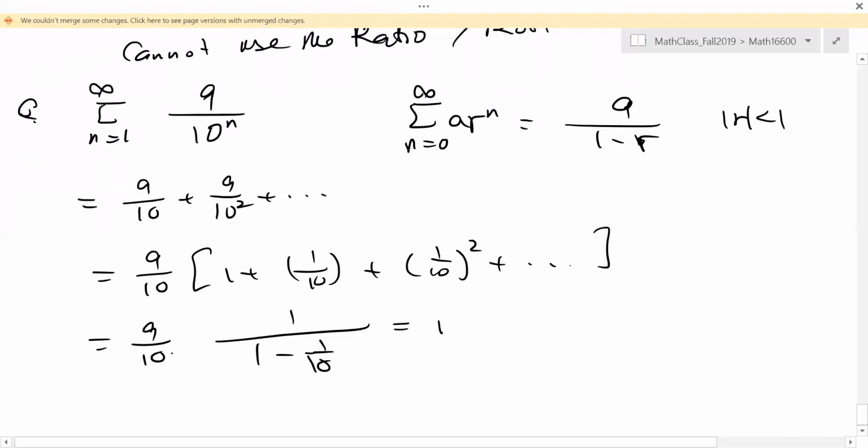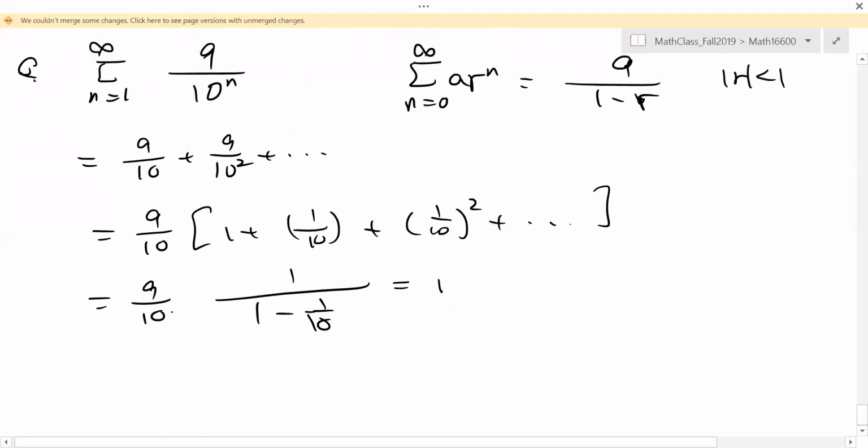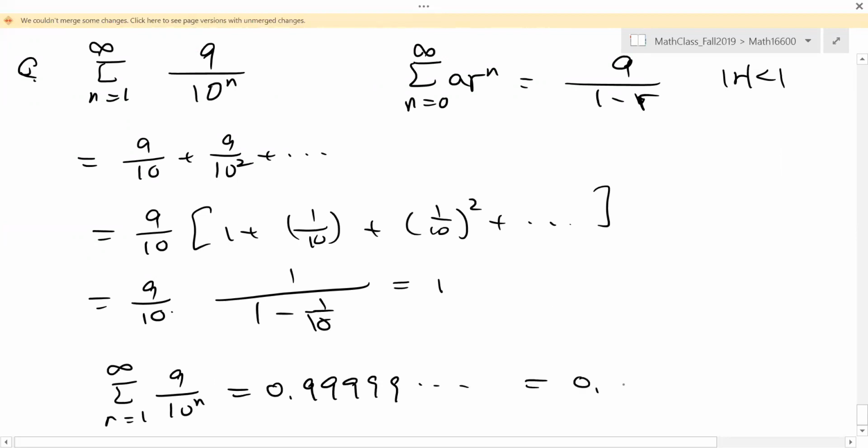This actually is going to be 0.99999 all the way, 0.9 repeating. That series actually represents this number. Why? Because 9 over 10 is 0.9. 9 over 10 squared is 0.09. Let's get 0.9. I just added more numbers.